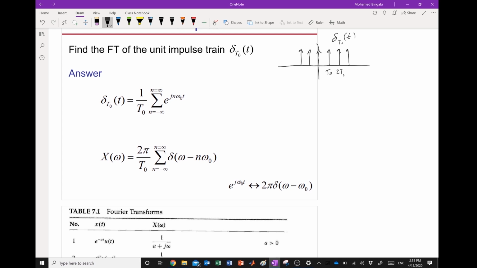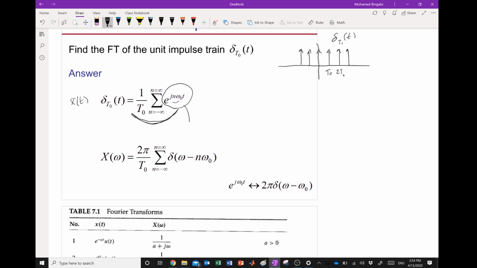And I need to find what's the Fourier transform. Well, in Fourier series analysis, this is a periodic signal, and we found the exponential representation of a periodic train of impulses. And we found it to be this one. If I call this x of t, and I need to find the Fourier transform, again, using the example we did before, this is the function in the time domain, and the Fourier transform of it is 2 pi times an impulse at the location.